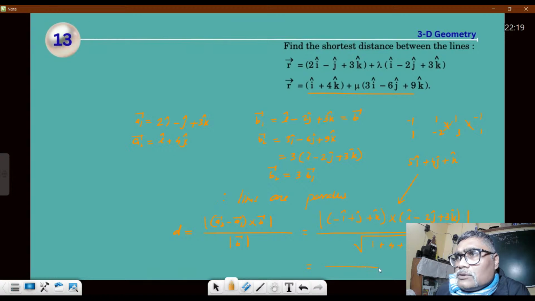So your magnitude will be root over 25 plus 16 plus 1, and below it is already 14. So 25 and 15, 41, 42. 42 by 14, so 14 threes are 42, it will be root 3, right? Root over 14 into root over 3 will be there. So root 3 unit is the distance.